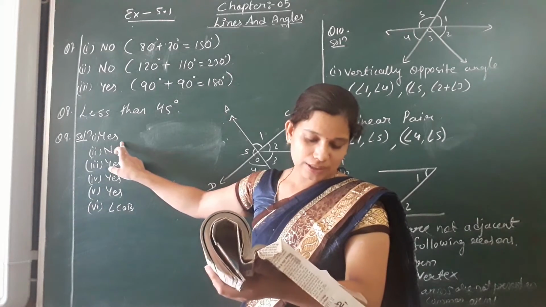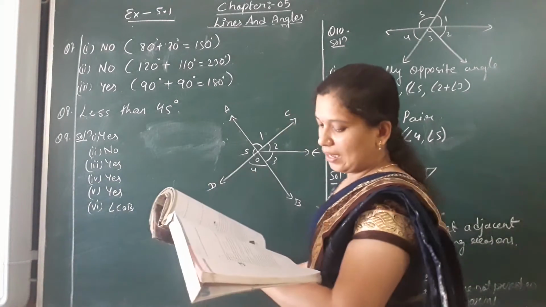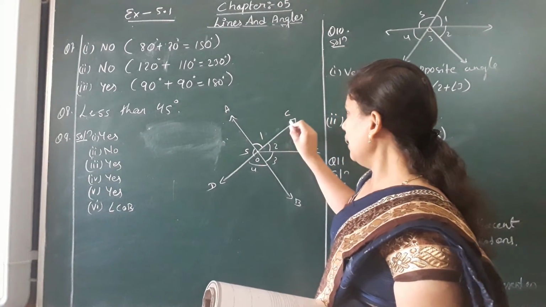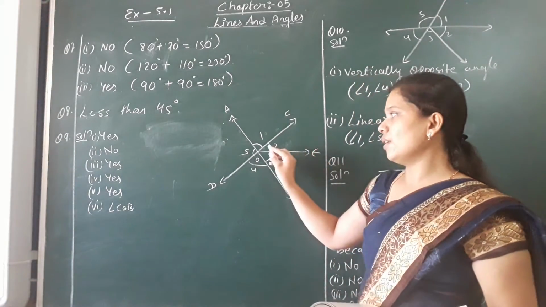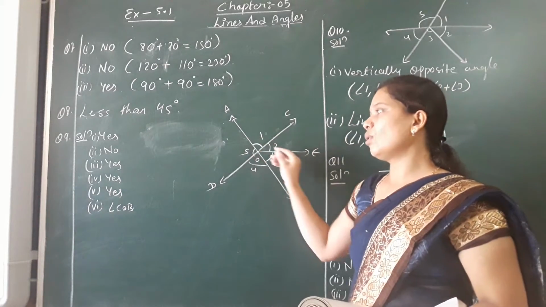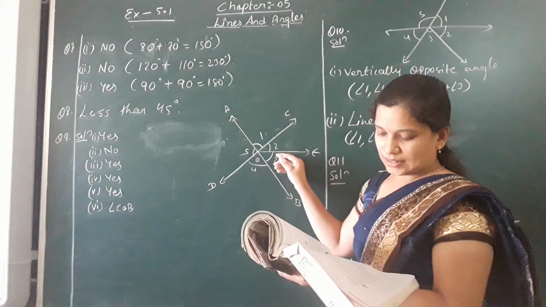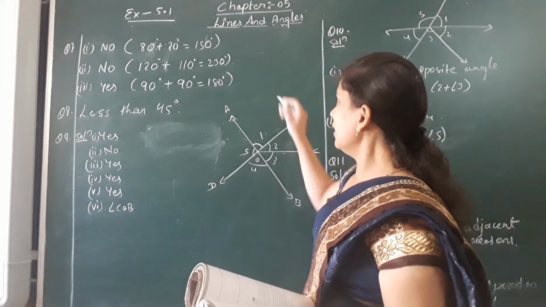Second part of question number 9, it says, is angle AOC adjacent to angle AOE? Angle AOC is adjacent to angle AOE? Sorry, AOC and AOE it is said, no?